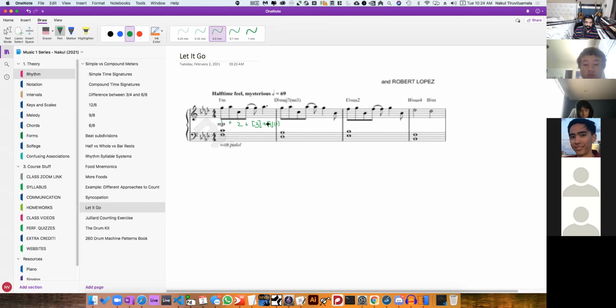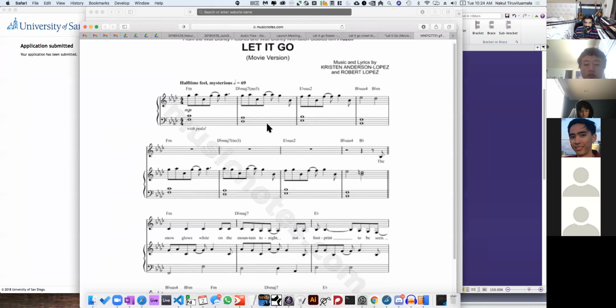So there's this syncopation right here. So this particular beat is syncopated.